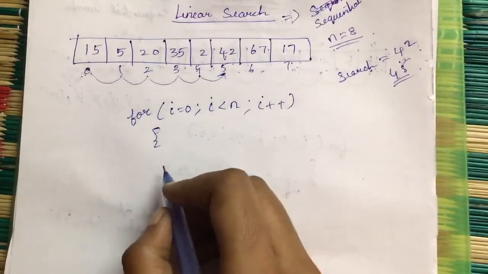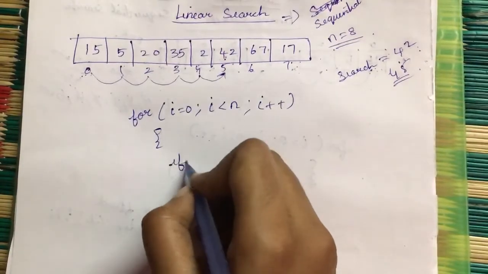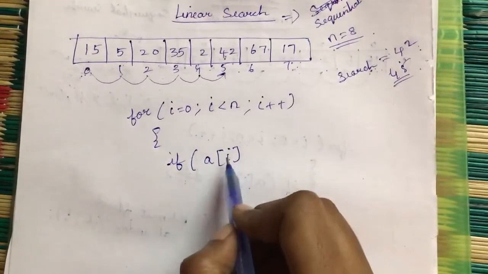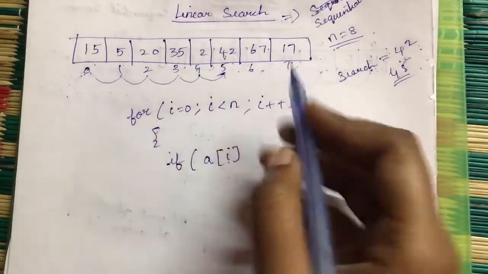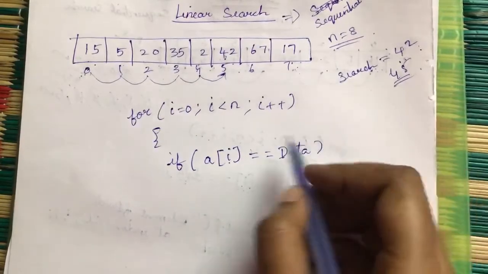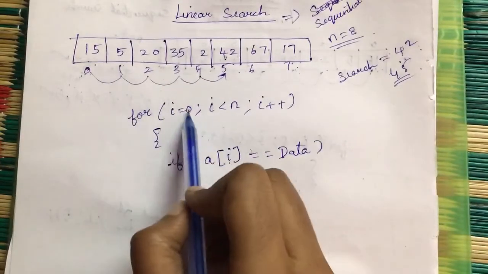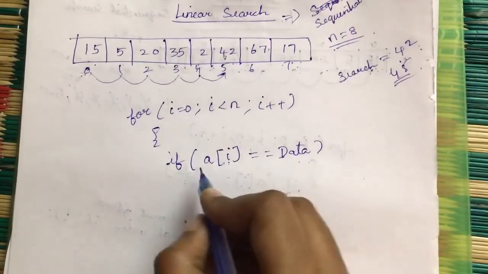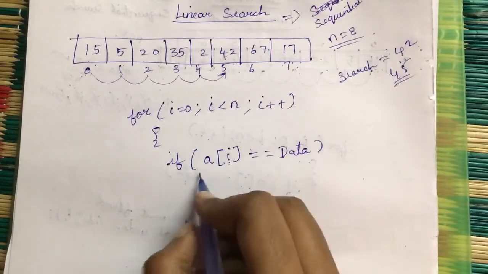Inside the for loop, what will you do here? If a of i, that is a of 0, the first element, is equal to data. Each and every element is compared, so the value of a of i keeps changing, and that value and the data are compared. That is the condition we have written.